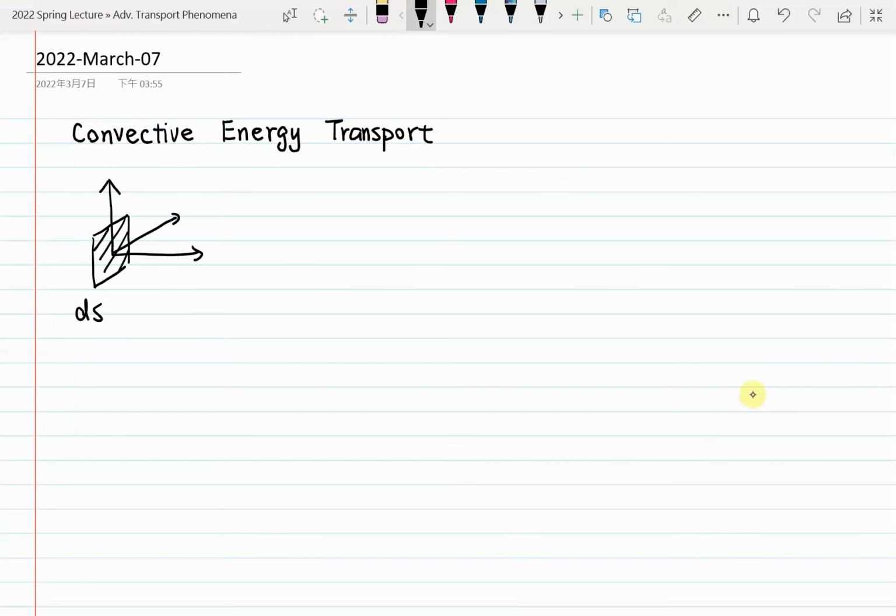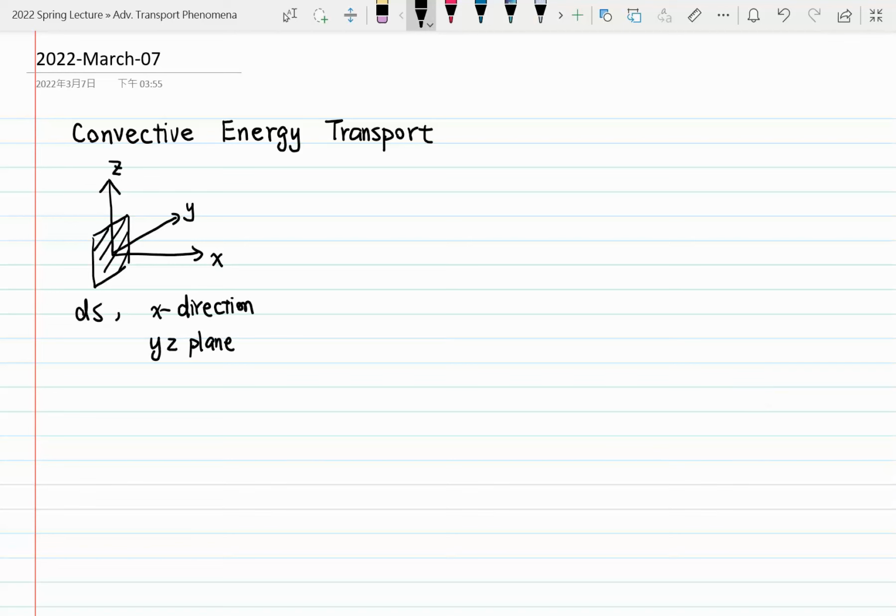This is x, y, and z. So dS is in the x direction, and it's forming a plane on the yz plane. Let's take a look at the rate of energy going across the control area.